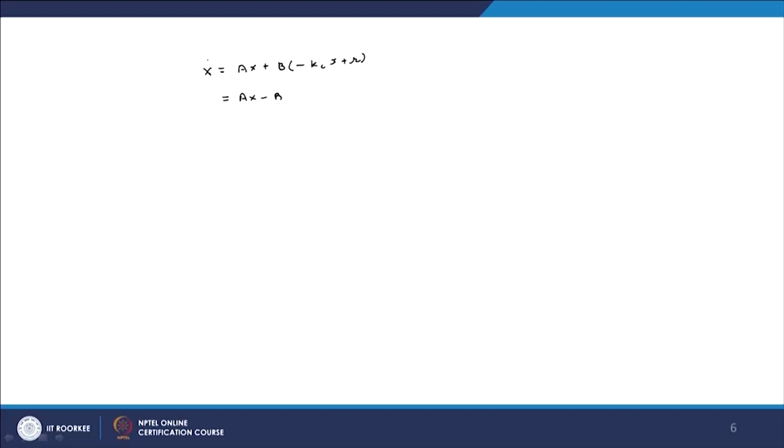If you solve it, we get Ax minus B Kc x plus B r, and further, x dot equals (A minus B Kc) x plus B r. So this is the equation using the control law, whereas the original equation is like this.